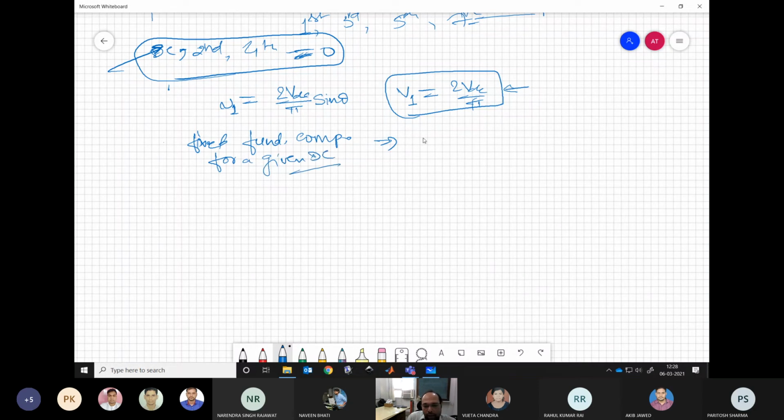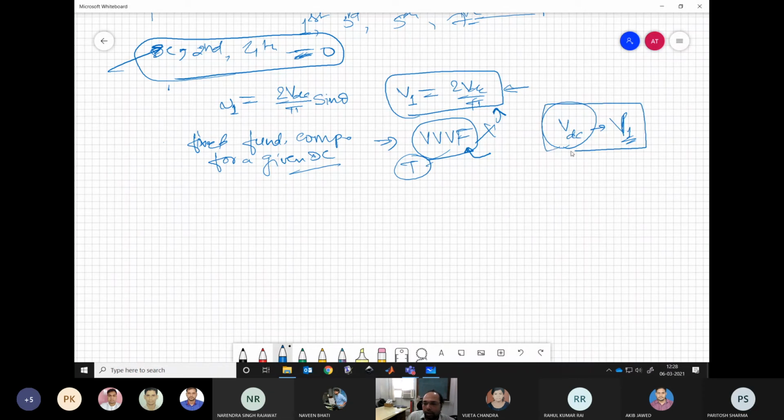So what it implies is that if we want to generate a variable voltage, variable frequency component, this is not possible in this mode, because there is no other variable apart from VDC which can change the fundamental magnitude. Frequency we can vary because that is in our control: when to turn on, when to turn off. But the fundamental voltage we cannot vary.